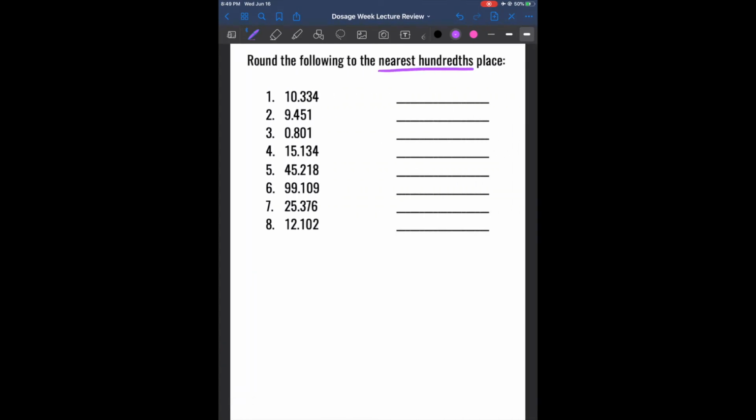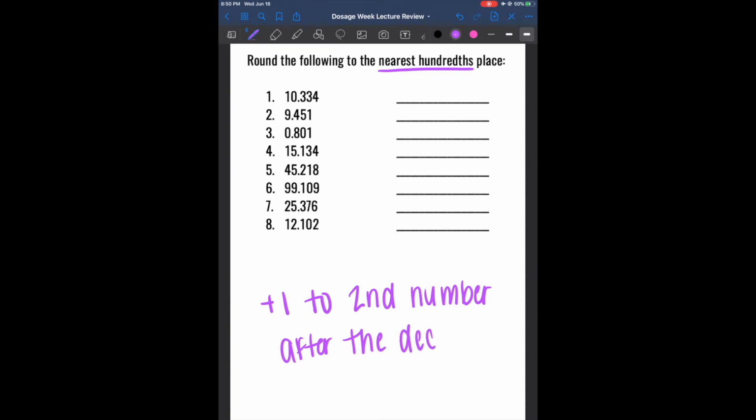Now we're rounding to the nearest hundredths. So on this one, think of it as plus 1 to the second number after the decimal if 5 or higher.